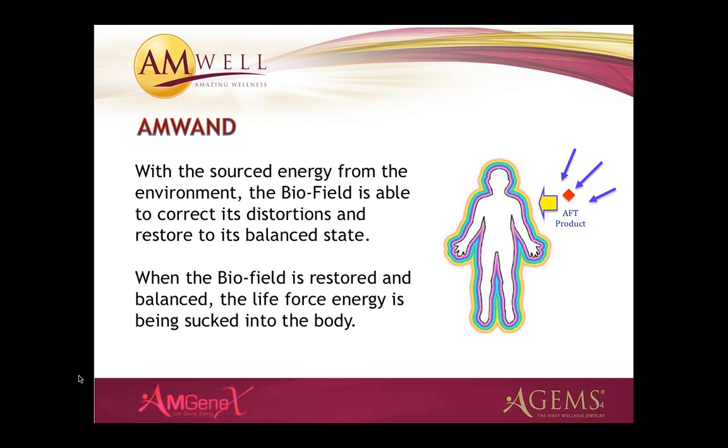At any point of time that we have an energy deficit in our body, whenever it comes in contact with the AFD products, it's able to source the energy directly from the environment.